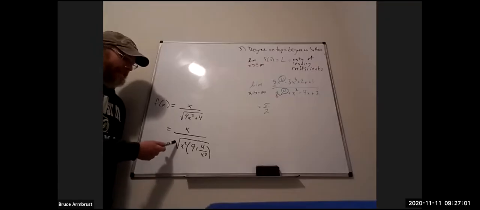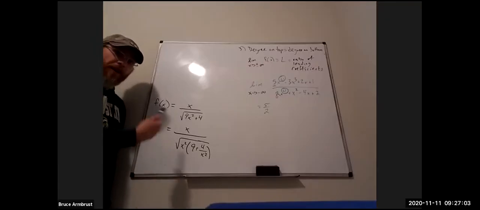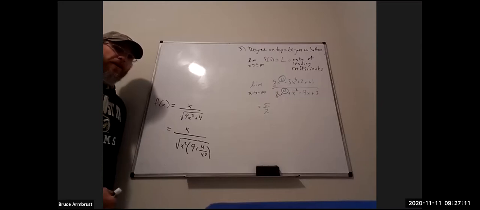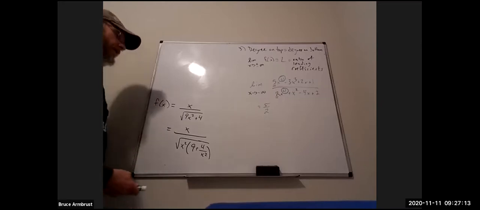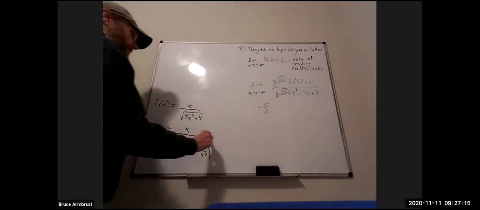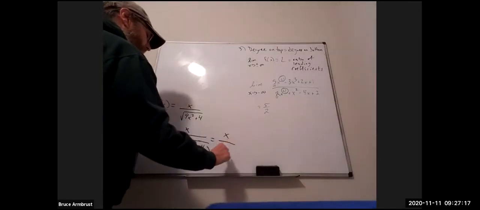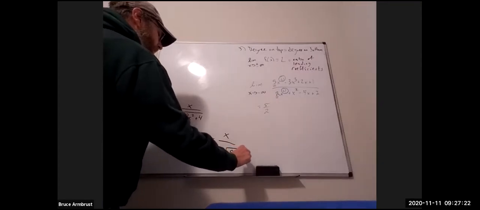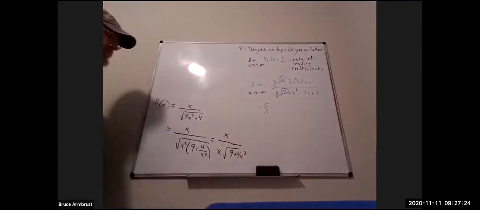Yeah, that's exactly it. I'm taking a square root of x squared. Well, you guys all know what happens when that occurs, right? If you take a square root of a square, they cancel each other out. And what I'm left with is x over x times the square root of 9 plus 4 over x squared.